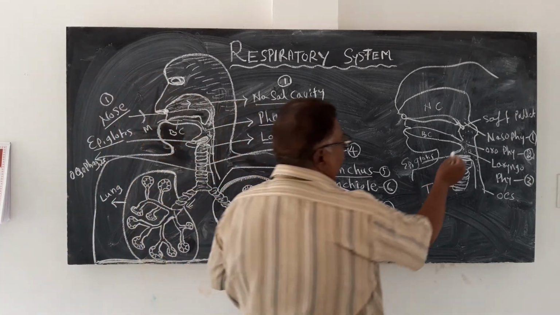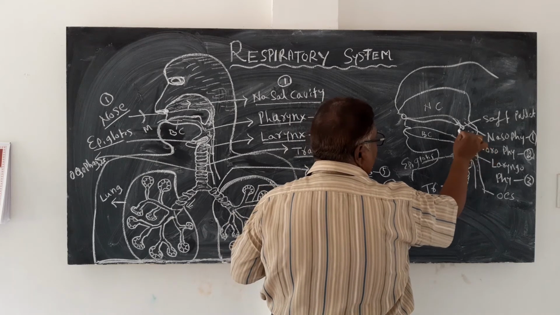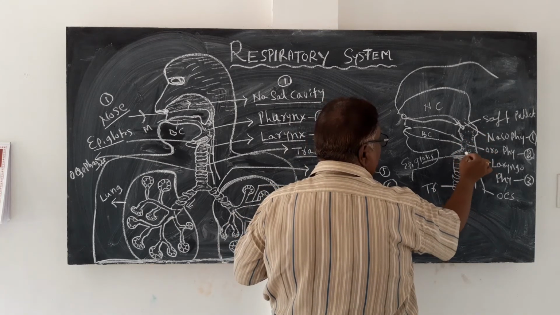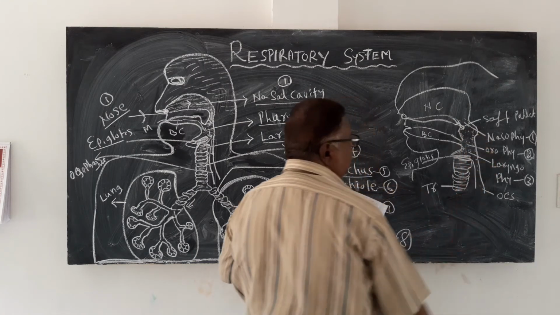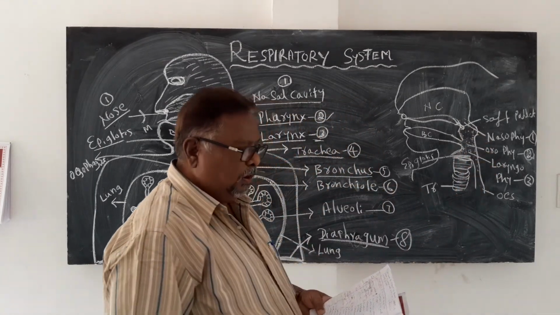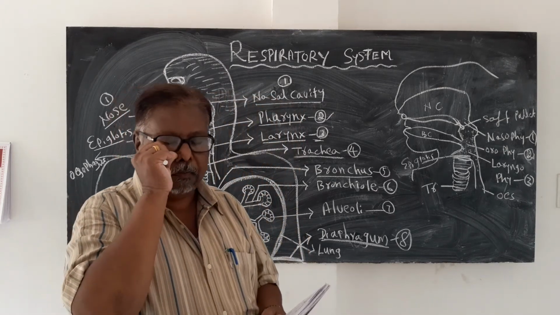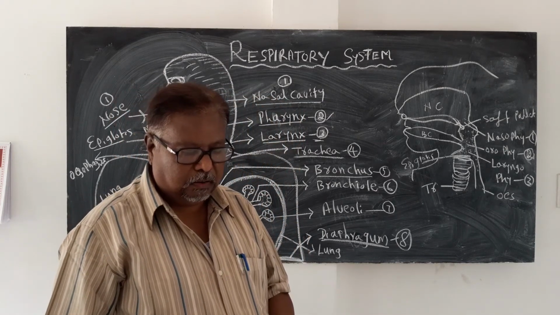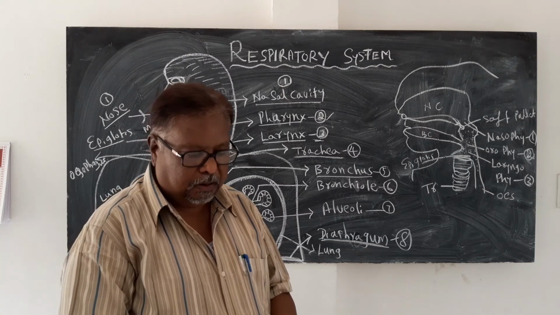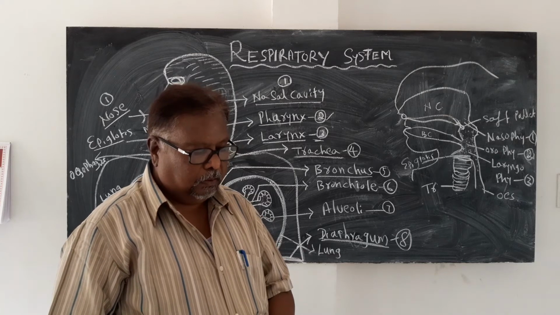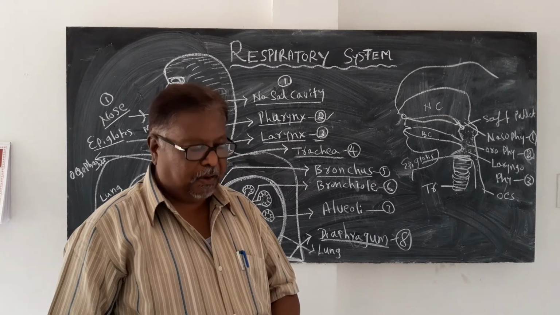Cilia are there. This ciliated muscular tube may be 13 cm long, and the upper part is wider than the lower part. It is divided into three parts.